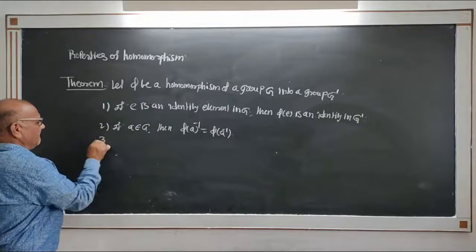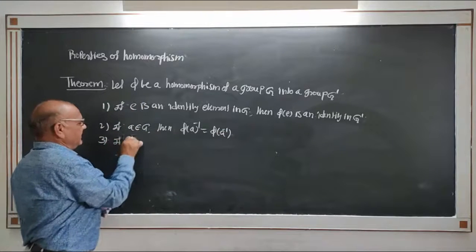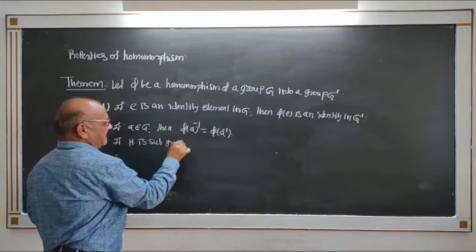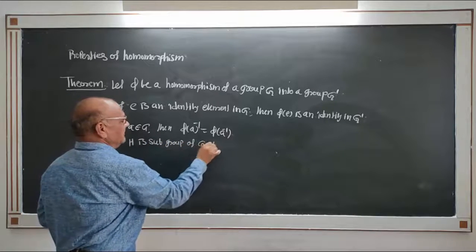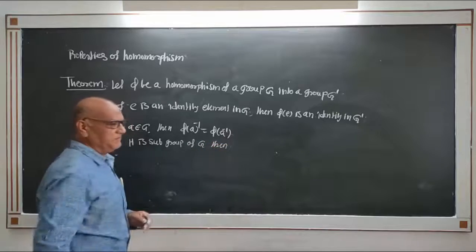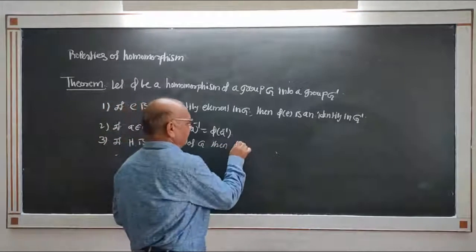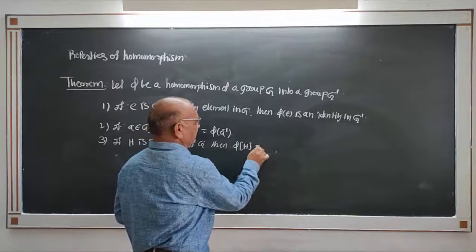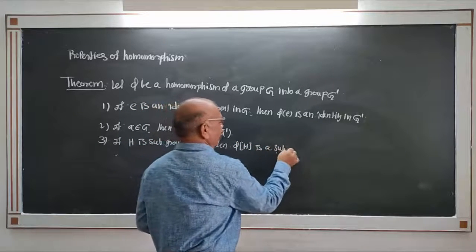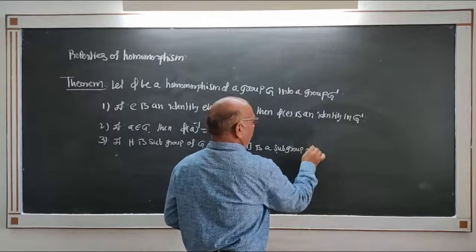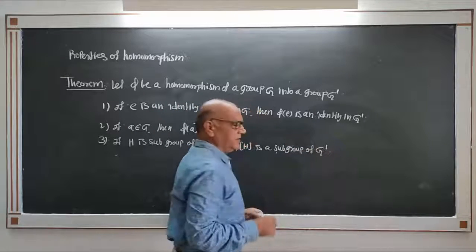Third, if H is a subgroup of G, then phi of H is a subgroup of G dash.